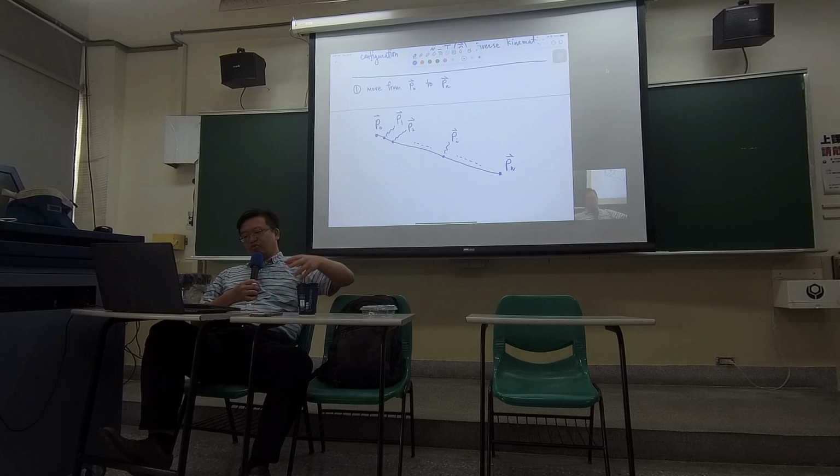So in total, from the beginning to the end, there are n plus 1 points. All I need to do is to calculate inverse kinematics for every one of the n plus 1 points.